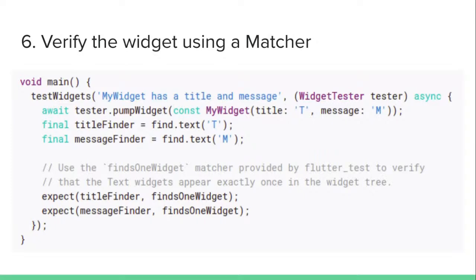Ensure that the widgets appear on the screen exactly one time. For this purpose, you use the findsOneWidget matcher. So we expect the title finder object equals findsOneWidget. That means this title exists and it found it one time. For sure, there are additional matchers like findsNothing, findsWidgets, and so on. You can find them in detail in the documentation.